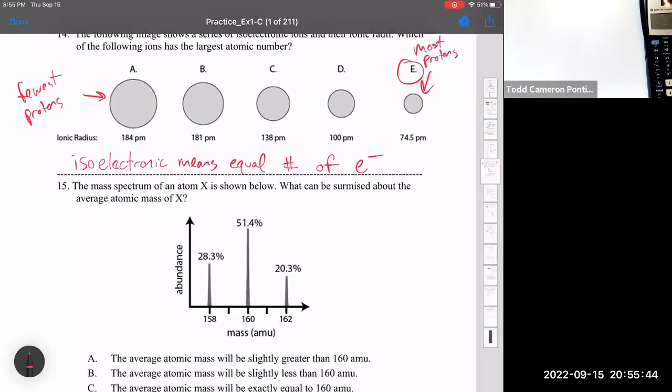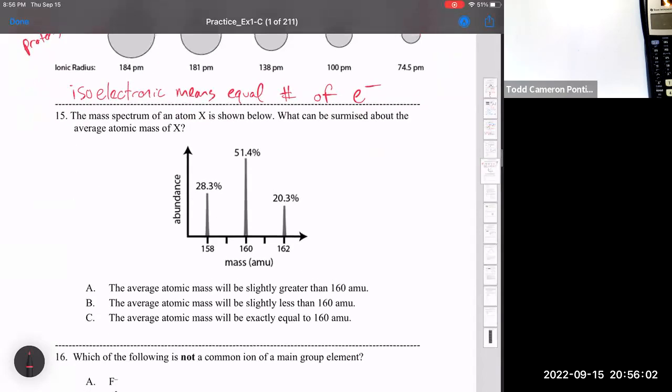Okay. Question 15. The mass spectrum of atom X is shown below. What can be surmised about the average atomic mass of X? You don't need to do any calculations on this problem. You can do calculations. That works perfectly fine too. We have a majority of the element is 160. 28.3% is 158, and then 162 is 20.3.